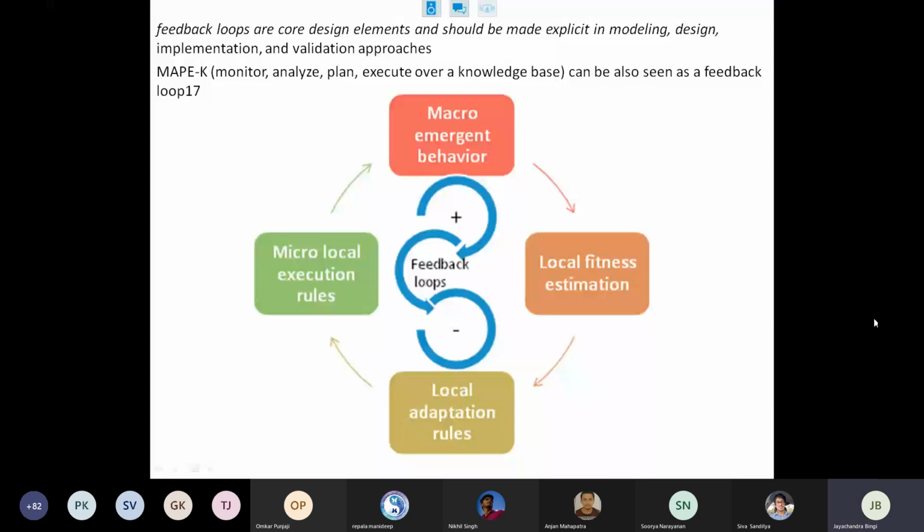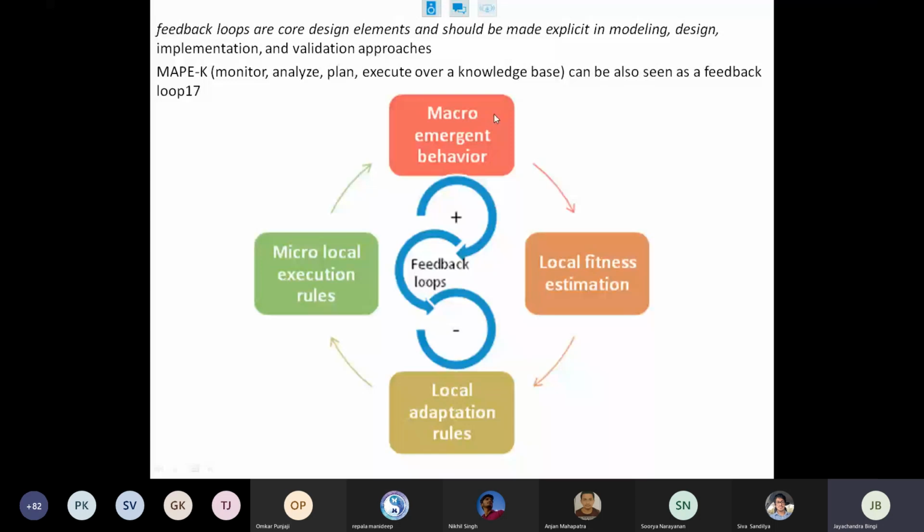Okay. Fine. So feedback loops are the concepts which you need to observe in the system, but how feedback loops actually work is given in this. This is what your natural or any system having intelligence looks like. How you understand it is this macro emergent behavior, that is what you are observing externally.